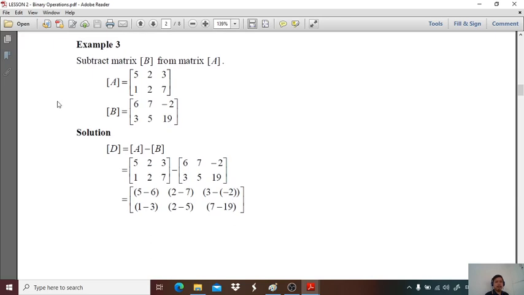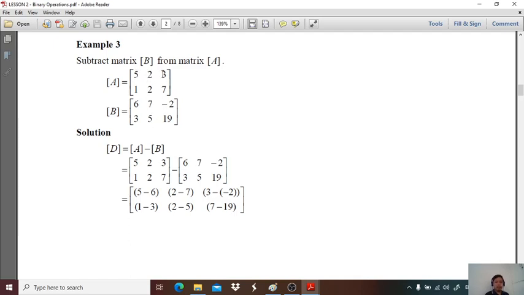Okay, so this is an example of subtracting matrices. A minus B. So we have 5 minus 6, that is negative 1. 2 minus 7. So it is simultaneous subtraction of each element in the same position in the matrix.